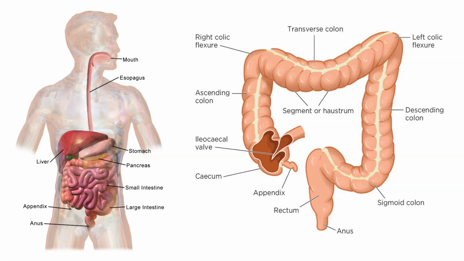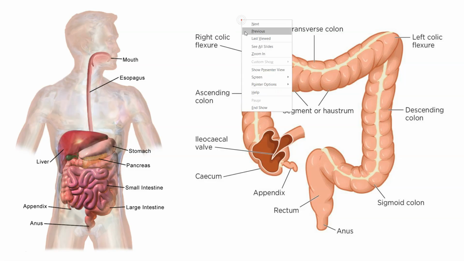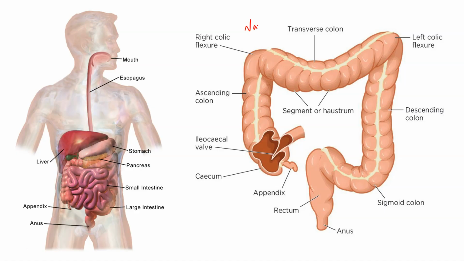Okay, the large intestine's main job is less for absorbing. The small intestine should have mostly everything absorbed by then. One of the things that is absorbed in the small intestine is water. So any remaining water is absorbed here.